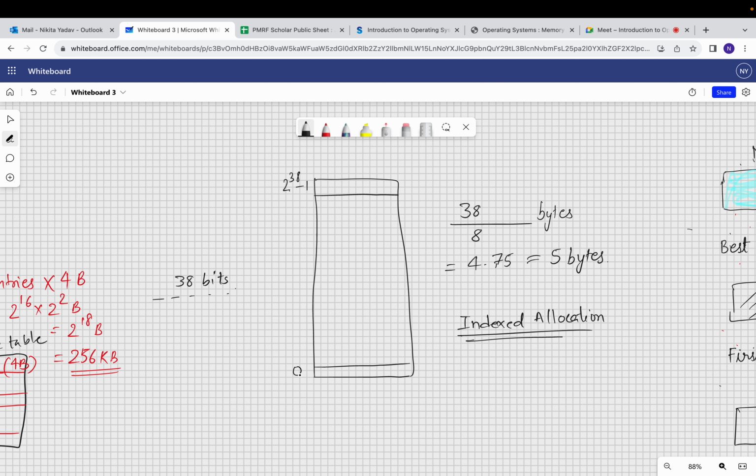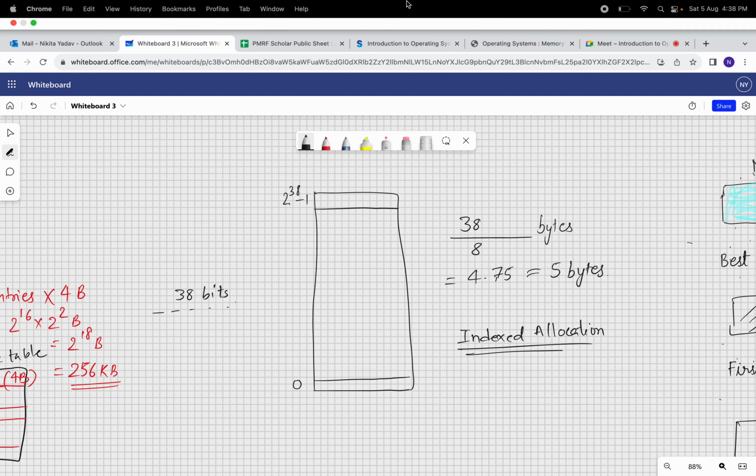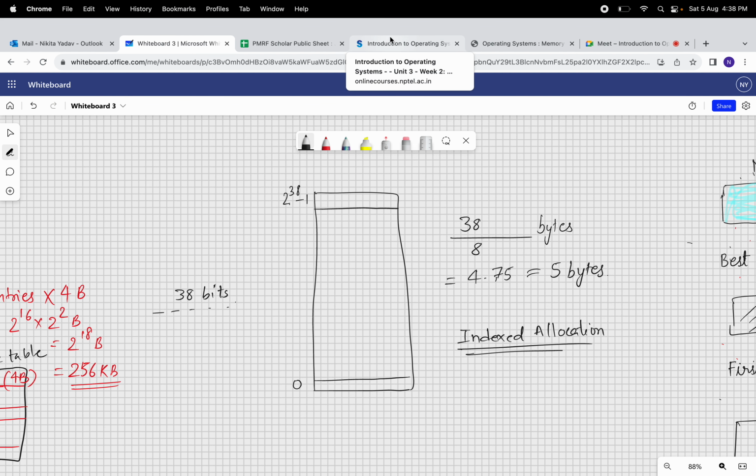To address any byte here you need 64 bits. 64 bits is 8 bytes, since 64 divided by 8 is 8. So 2 raised to 64 addresses, from 0 to 2 raised to 64 minus 1.